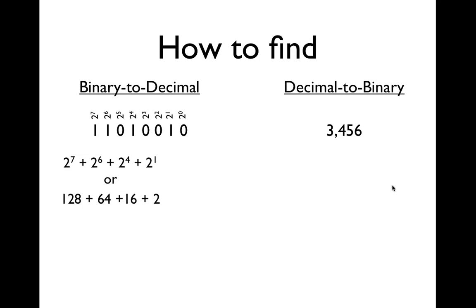So you take each place that has a 1 in it. Since there's a 1 in the 2 to the power 1 place, you do 2 to the power 1. Plus, there's a 1 in 2 to the power 4, so you do 2 to the power 4, 2 to the power 6, and 2 to the power 7, add that together, and that works.